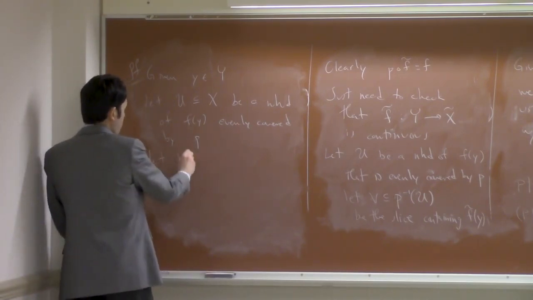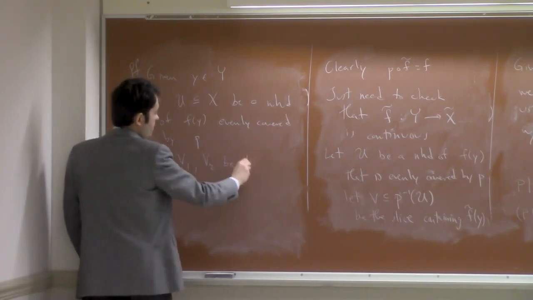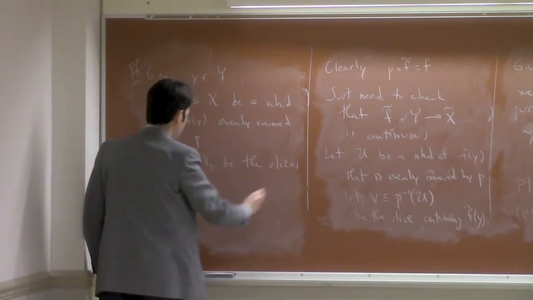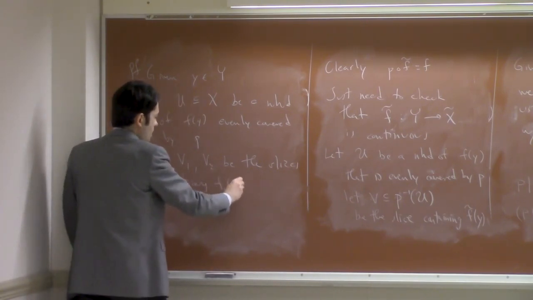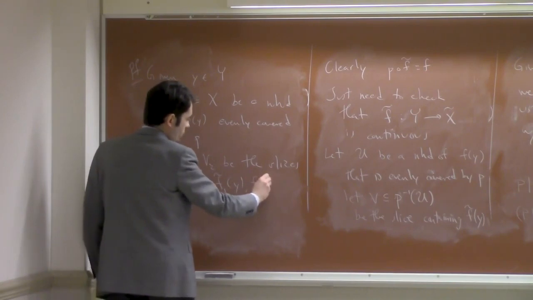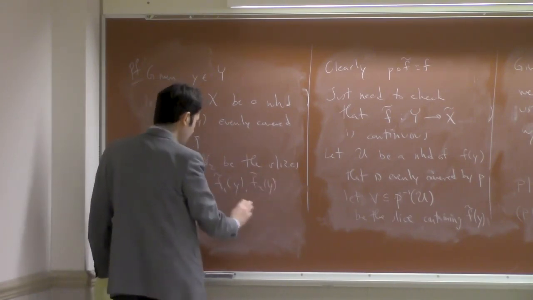So let V1, V2 be the slices containing f1 tilde of y, f2 tilde of y, respectively.